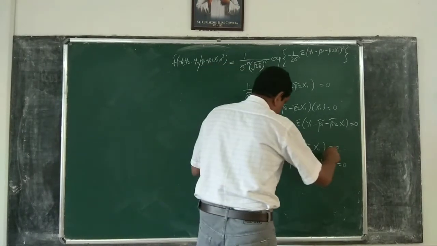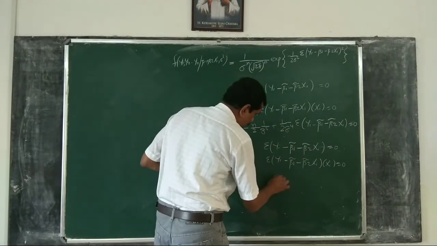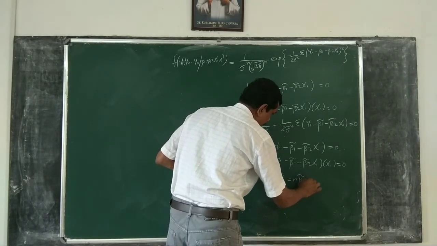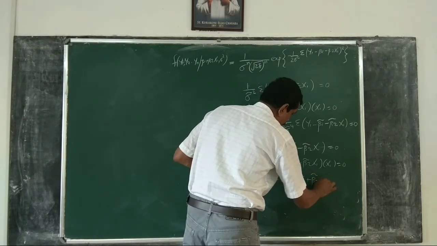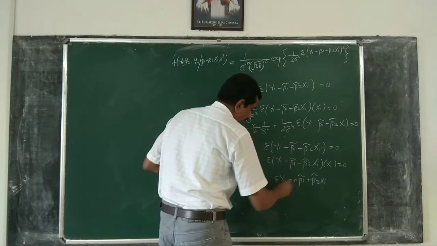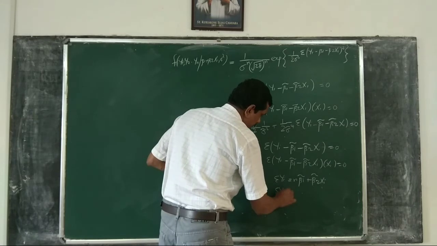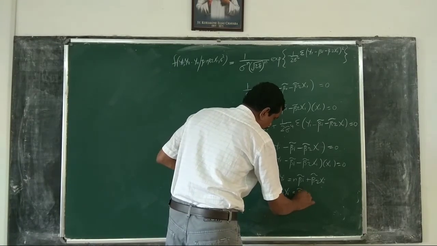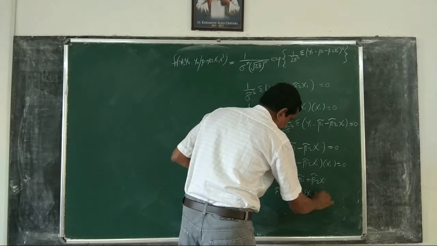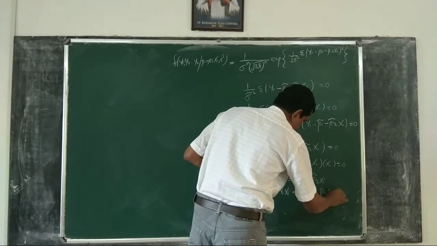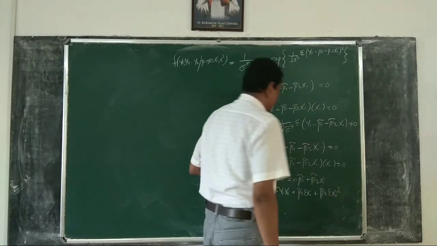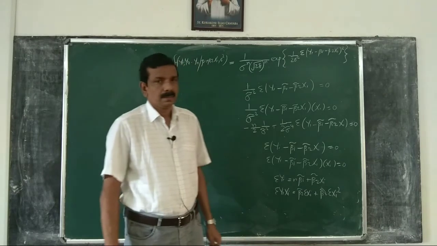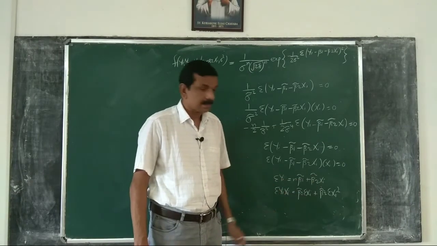Now solving, the first equation gives sigma yi is equal to n into beta tilde 1 plus beta tilde 2 sigma xi. Second, sigma yi xi is equal to beta tilde 1 sigma xi plus beta tilde 2 sigma xi square. So these are the same normal equations we have obtained in the case of OLS.